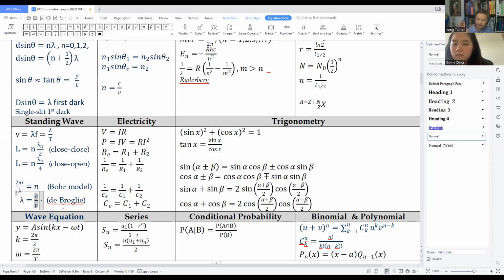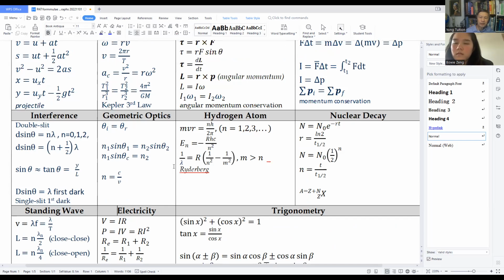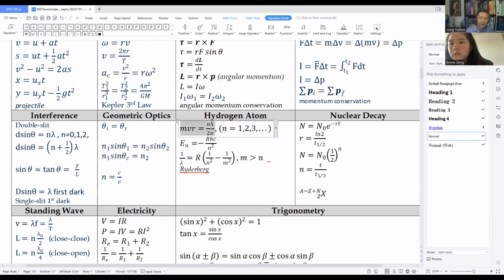You remember, when we started quantum. So that's why I put these two formulas into the standing wave section. And if you want to know the hydrogen atom, this is the original condition Bohr used to derive his atomic theory.